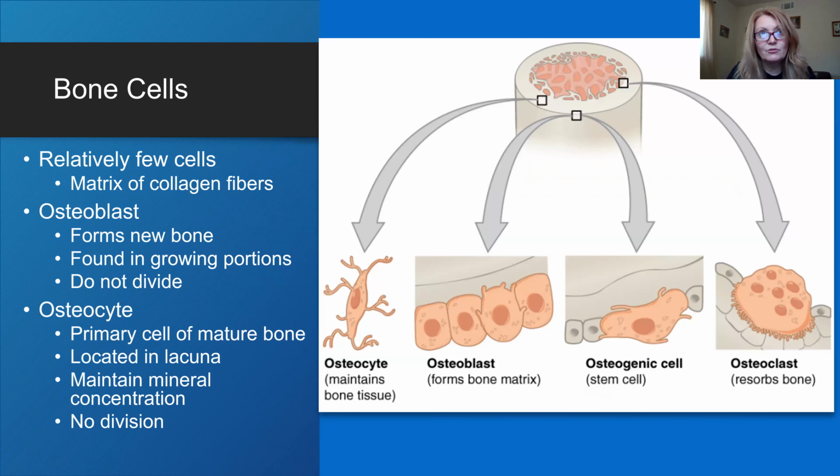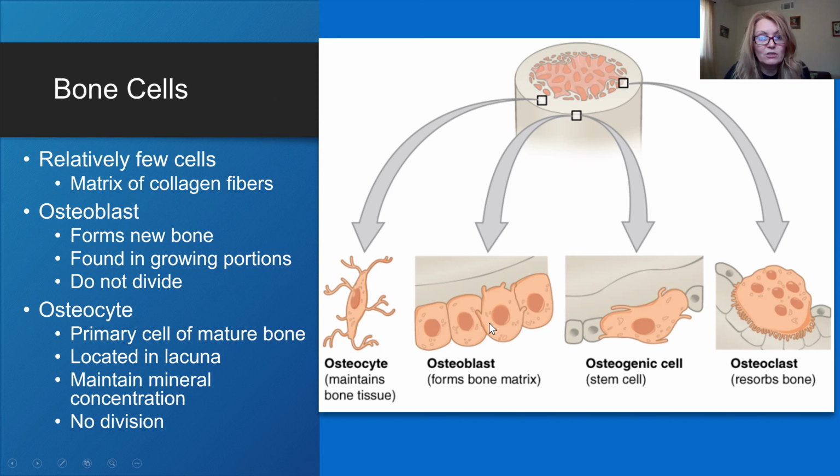Now, we mentioned that organic part of the bone are cells. So you actually have relatively few cells. You have lots of extracellular matrix, including collagen fibers. But here, let's look at the cells that we have. You have osteoblast, shown over here. Those are cells that form new bone, found in growing portion of the bone, but they do not divide.